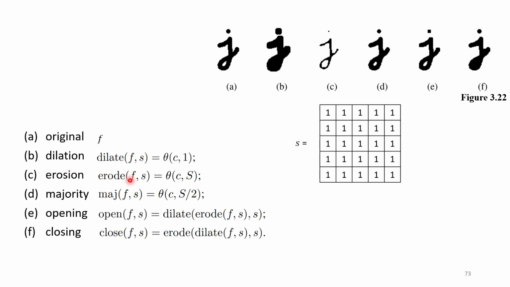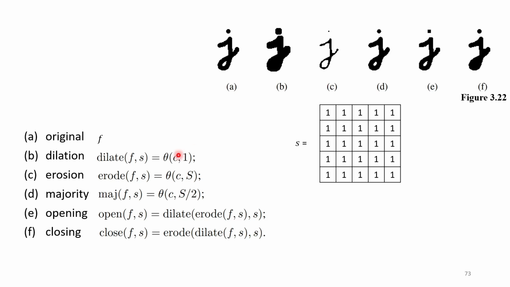And erosion means in your surrounding pixels, every pixel needs to satisfy the shape of the structure. In this case, for every pixel here, the 5 by 5 surrounding pixels all of them have to be 1. Then your output value will be 1. Otherwise, it will be 0. So it means erosion. So from A to C, you can see the shape becomes thinner.